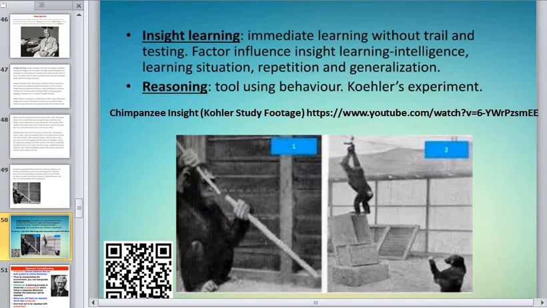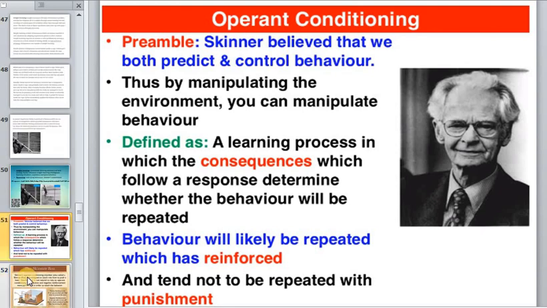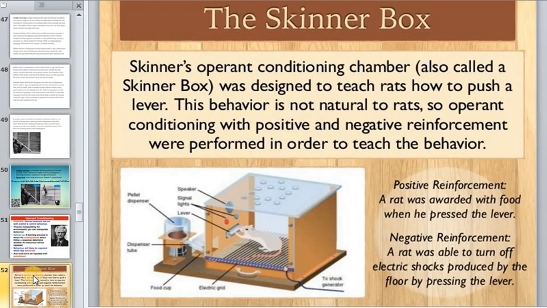So we have another experiment from Skinner's work, and you know this from the previous practical, where we discussed the Skinner box. The operant conditioning chamber, like a Skinner box, was designed to teach an animal how to push a lever.